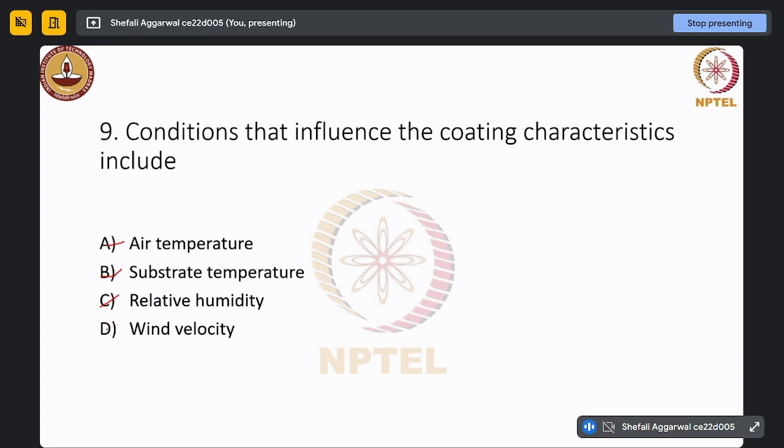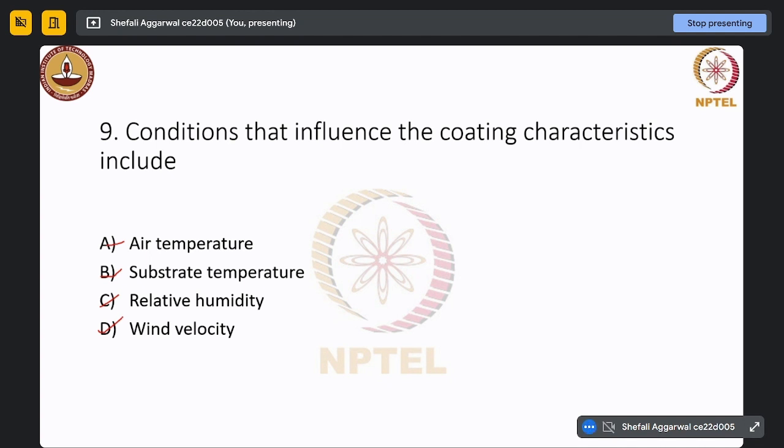Do you think wind velocity will have any effect on coating characteristic? Wind velocity also affects our coating characteristics. How?